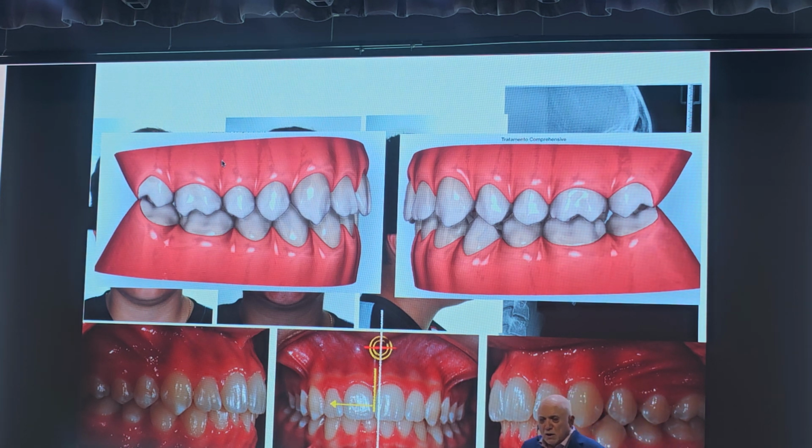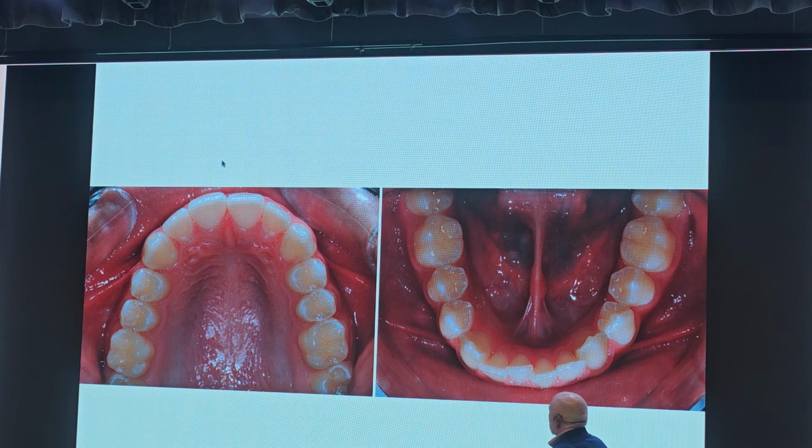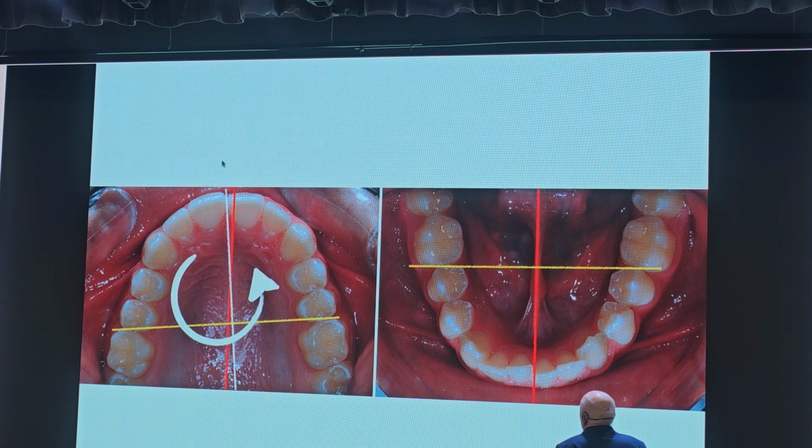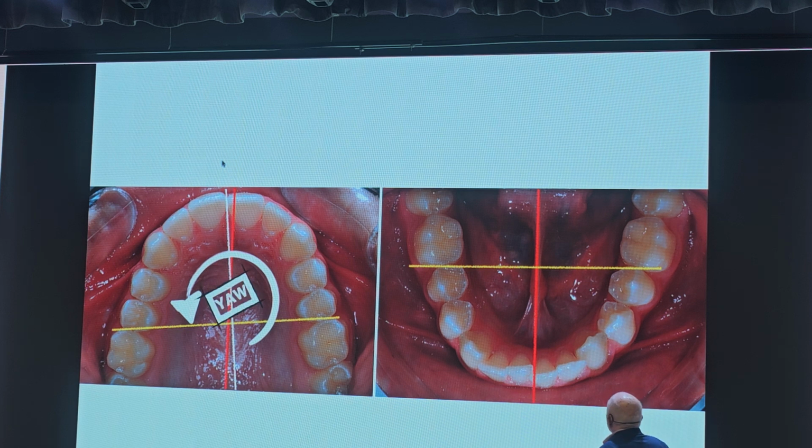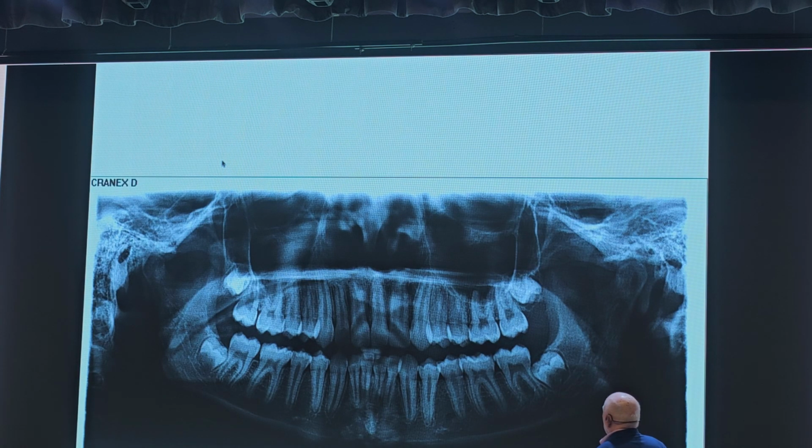Because you cannot have a midline off without having, there's no canine block or anything. So don't be always fooled by what you see with the photographs with the camera, because I can move it around and things will look quite different. So, what we can do in a patient like this, if I want to move very fast, I am going to use an infrazygomatic tap in a patient like this.